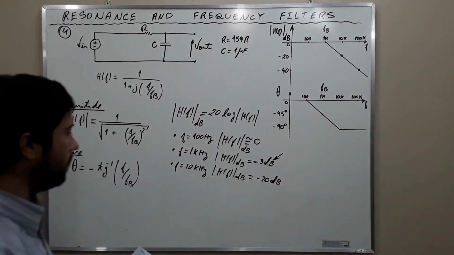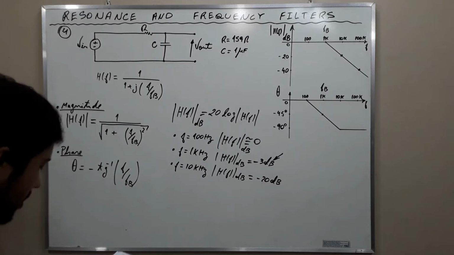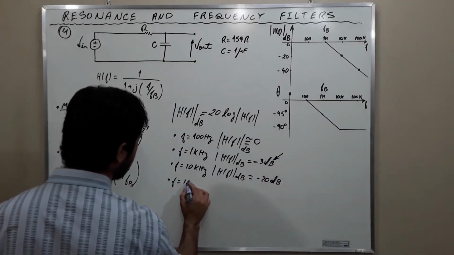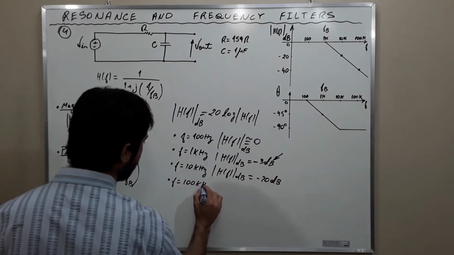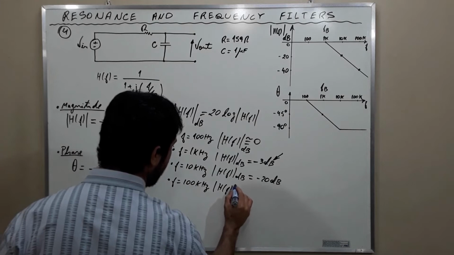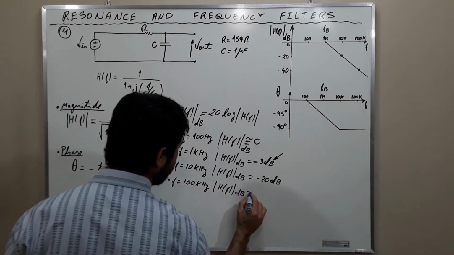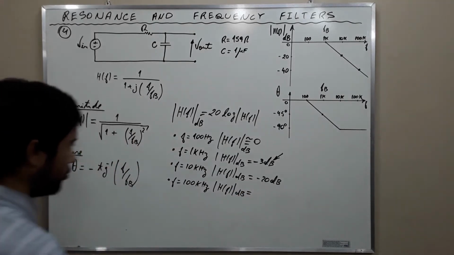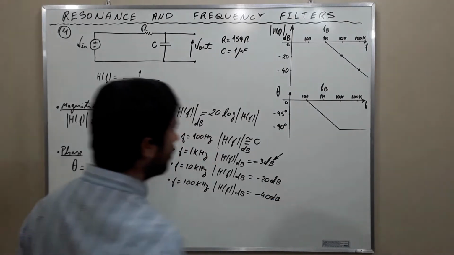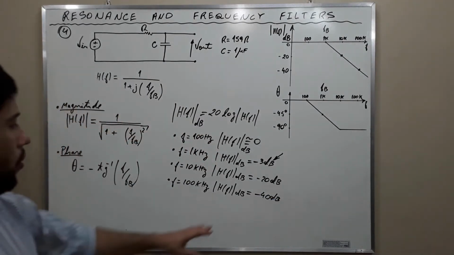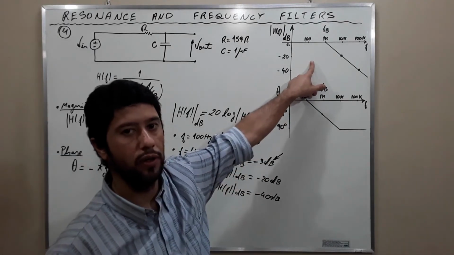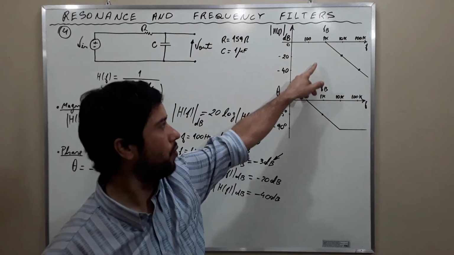And similarly, for the frequency of 100 kilohertz, the magnitude in decibels is equal to negative 40. Okay? With these values here, we can construct this graph.